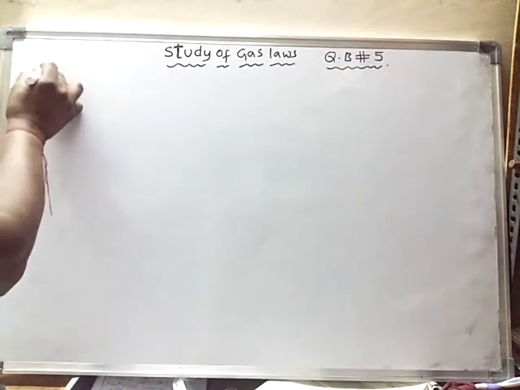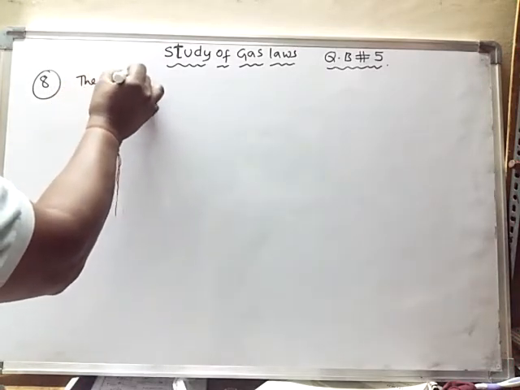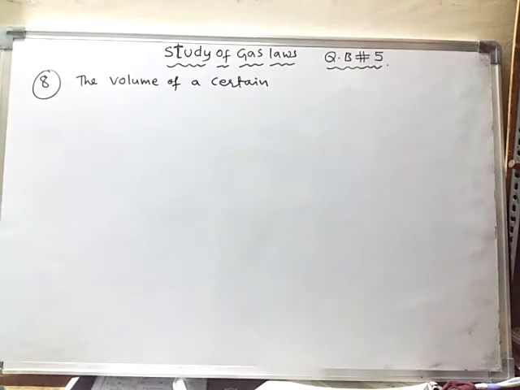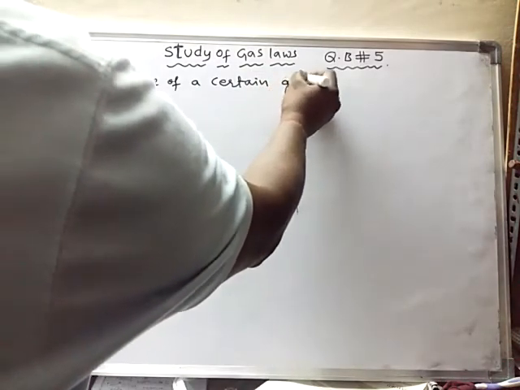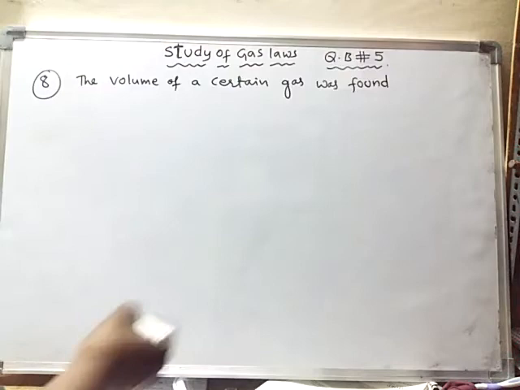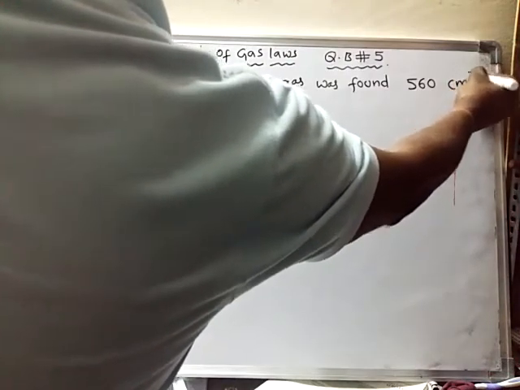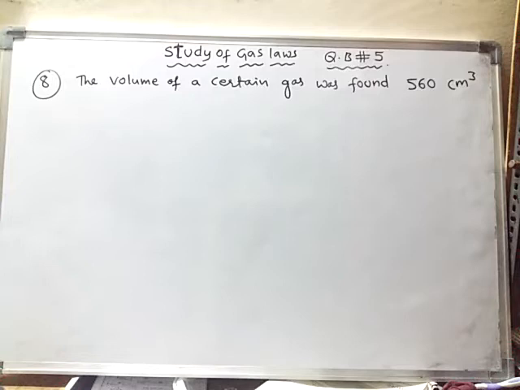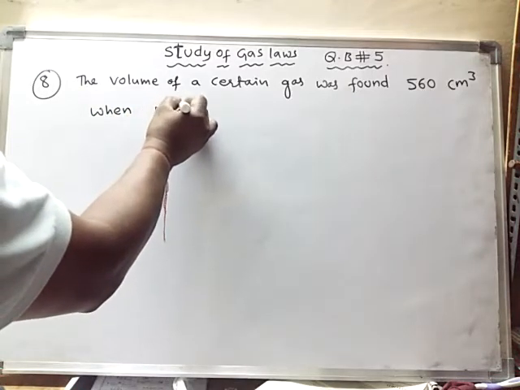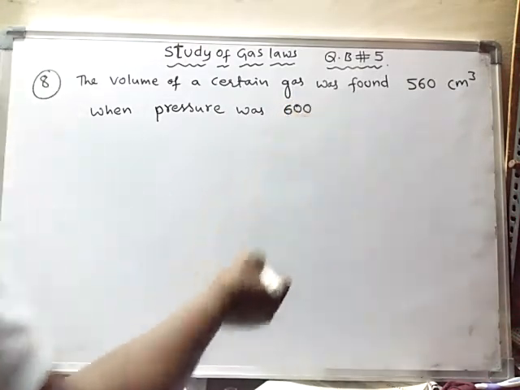Question number 8: The volume of a certain gas was found to be 560 centimeter cube when the pressure was 600 millimeters.